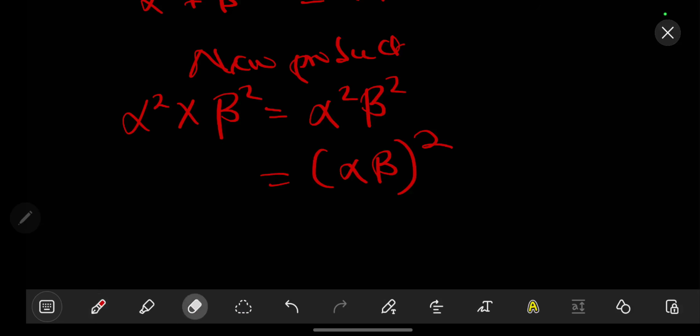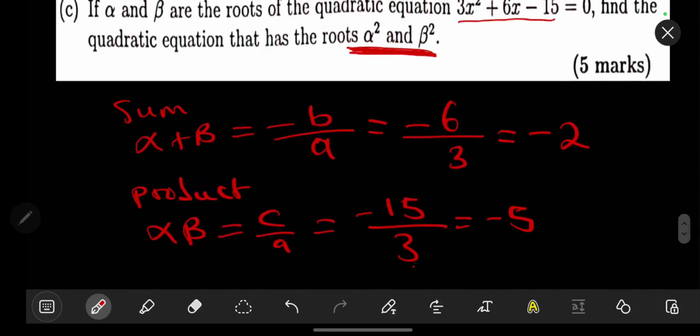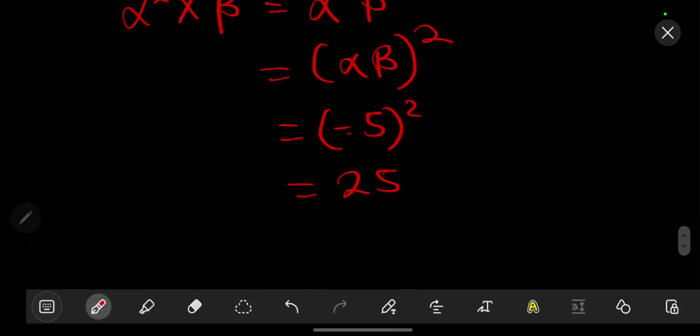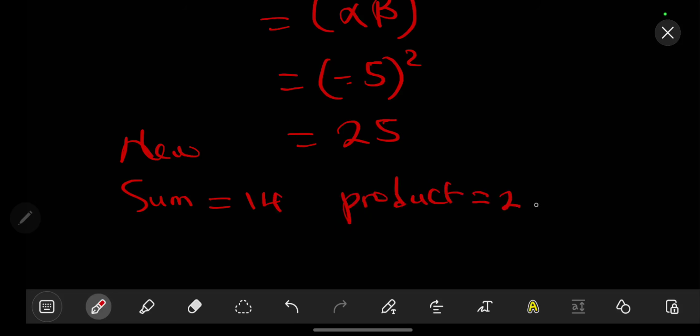Now when we look at this, our product of the roots gave us negative 5 squared, which is going to give us 25. So therefore, we have everything. Our new sum is equal to 14. New product is equal to 25.